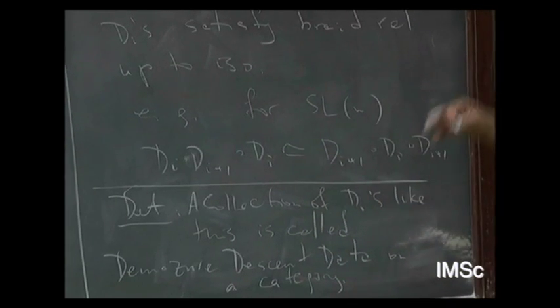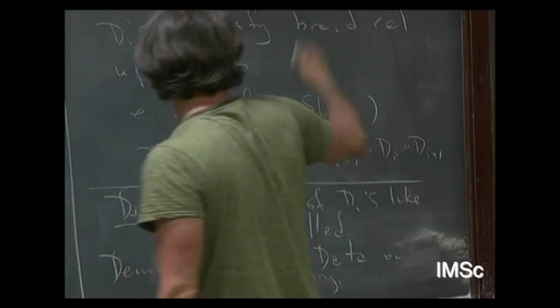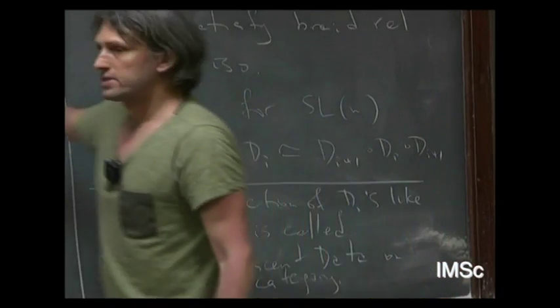So I have constructed Demazure descent data on any category like this.